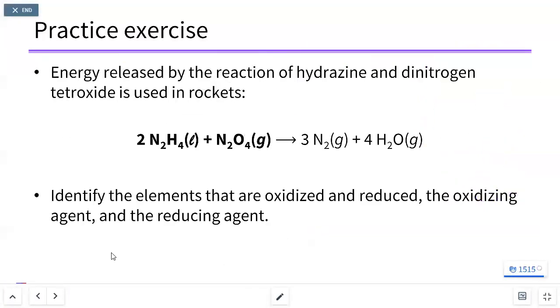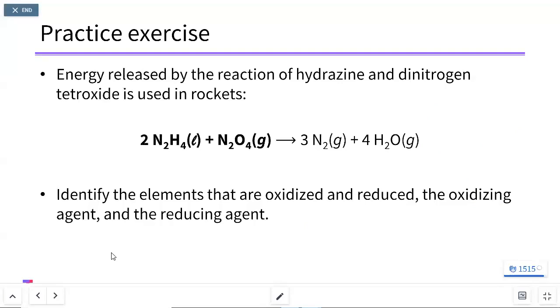All right, so here's that more complicated example that we're going to be working through. This is a literal rocket science kind of question. When rockets are fired in space, it is the result of the reaction of hydrazine and dinitrogen tetroxide.